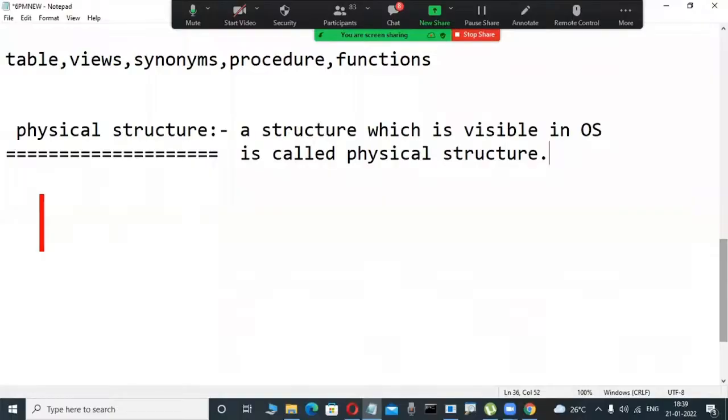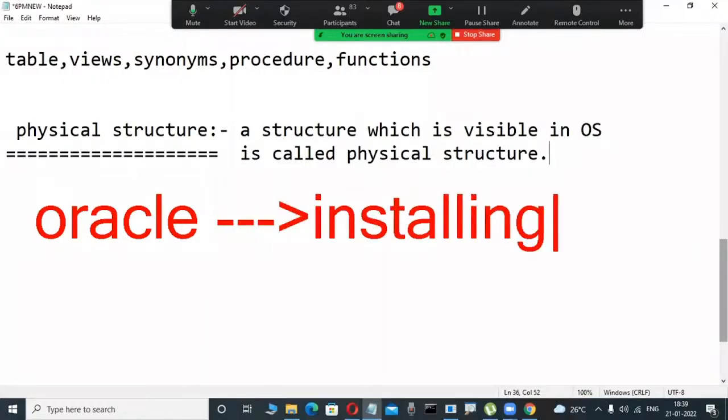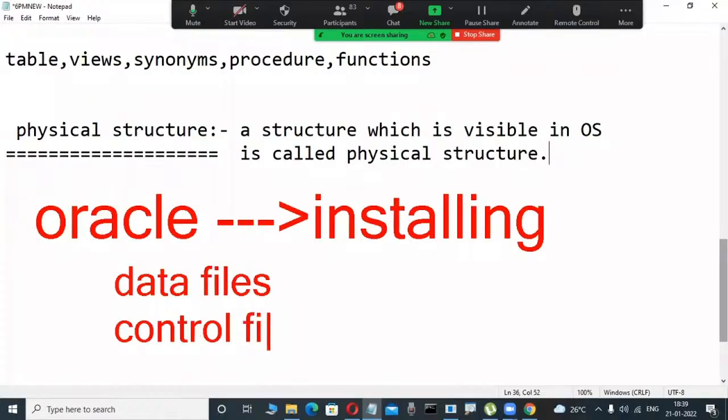Same like that, Oracle is a relational database software. MySQL, SQL Server, we are installing, for example. Whenever I'm installing Oracle, automatically some physical files are created. Data files, that is .dbf files, control files, and also redo log files are created.